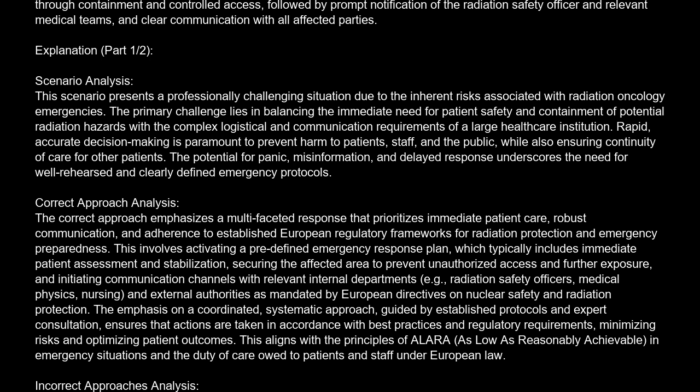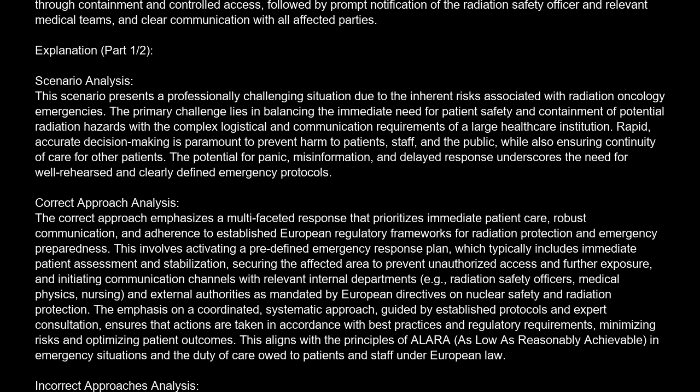Explanation. Scenario analysis. This scenario presents a professionally challenging situation due to the inherent risks associated with radiation oncology emergencies. The primary challenge lies in balancing the immediate need for patient safety and containment of potential radiation hazards with the complex logistical and communication requirements of a large healthcare institution.